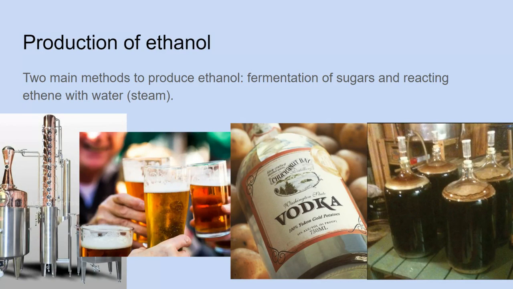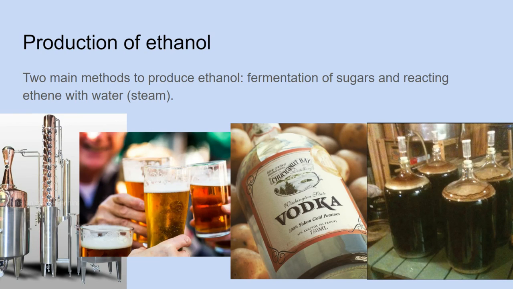Now you are expected to know how we produce ethanol. Okay? Now ethanol, something you're not meant to drink on your own until you're 18, apart from if you're in your own home with your parents' permission. Okay? You're expected to know how we make ethanol though, how we produce it.